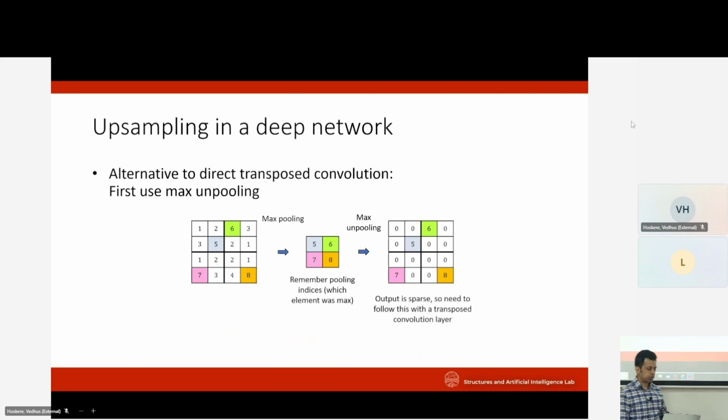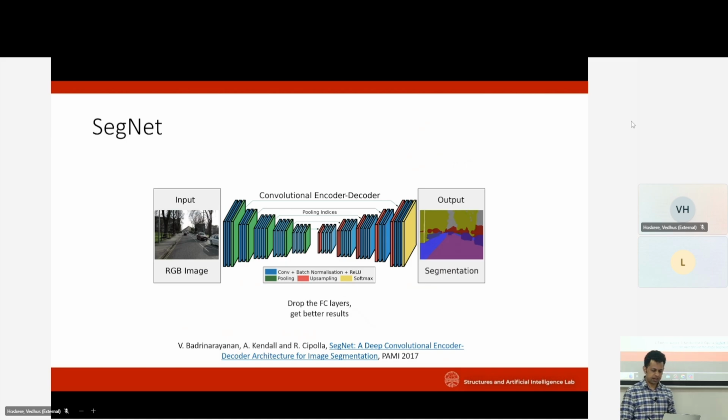So here the output is sparse, so we still need to do convolution after this to be able to populate all of the cells. And that's what they did in this SegNet architecture, which is a more modern architecture as far as CNNs go. We can see a very symmetric architecture here.